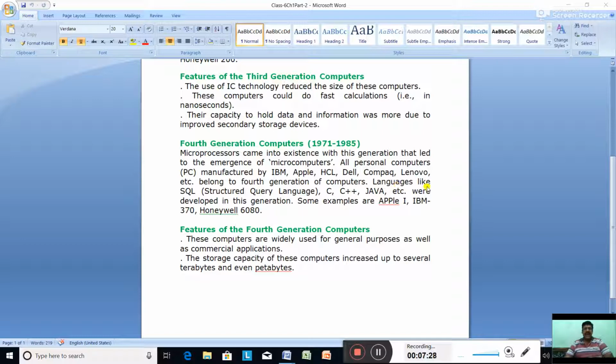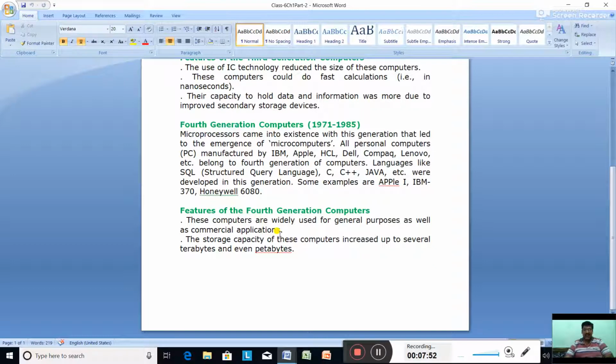Alright, languages like SQL, full form structured query language, C, C++, Java were developed in this generation. Some examples of this type of computer are Apple I, IBM 370, Honeywell 6080.